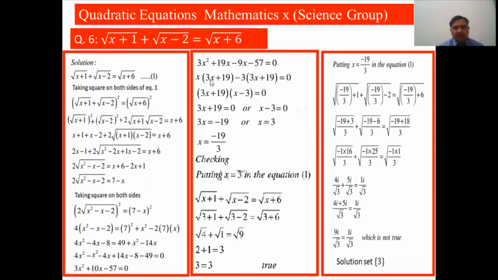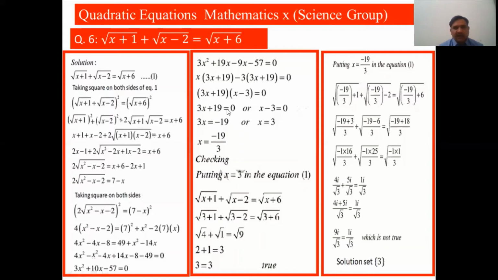When we take x common, we have 3x plus 19 within the bracket, and here we can take minus 3 as common, and we have 3x plus 19 within the bracket. So here is 3x plus 19, and here is 3x plus 19. We can take common 3x plus 19, so we are left with x minus 3 is equal to 0.